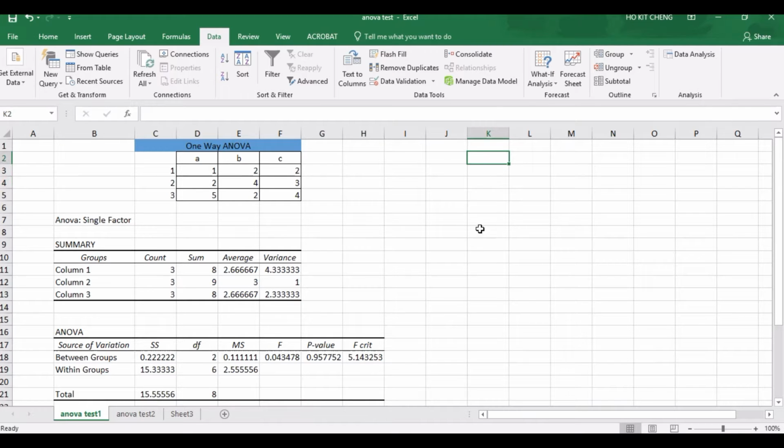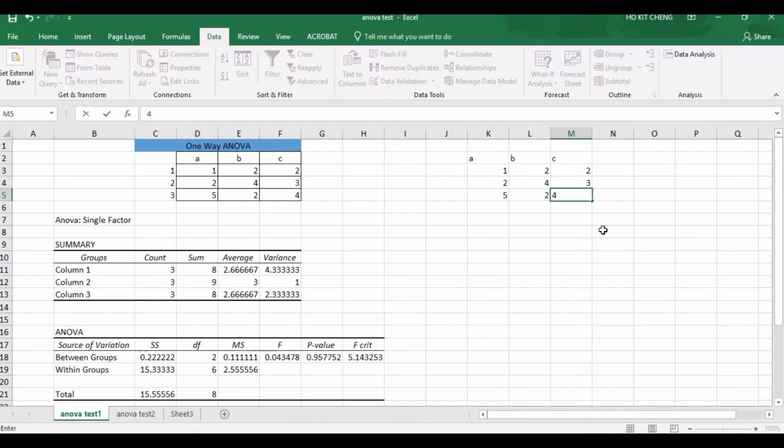So if I set 3 groups here, in group 1, represent the data in columns. The first group of data is 1, 2, and 5. The second set of data is 2, 4, 2. And the third is 2, 3, and 4.